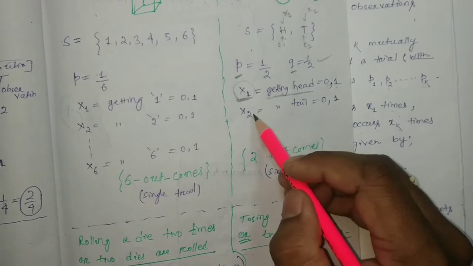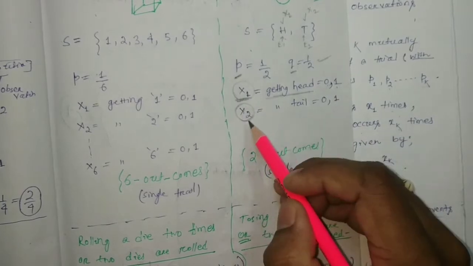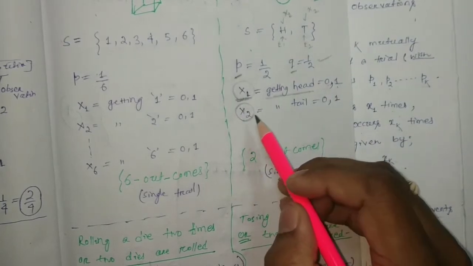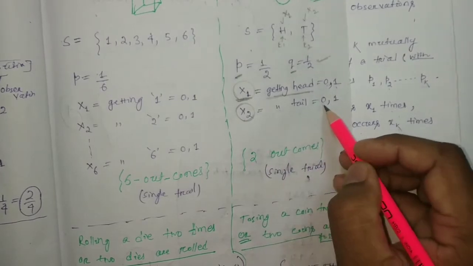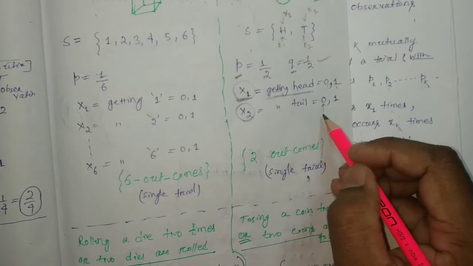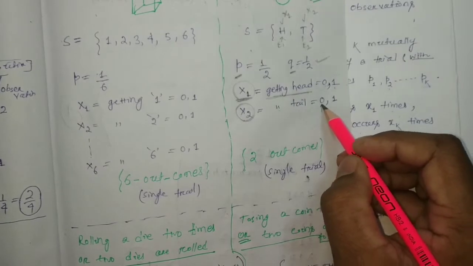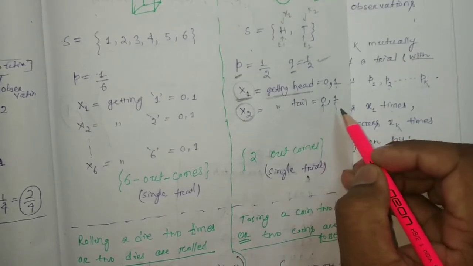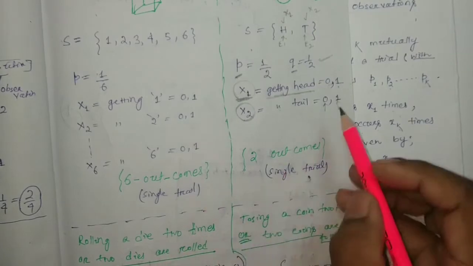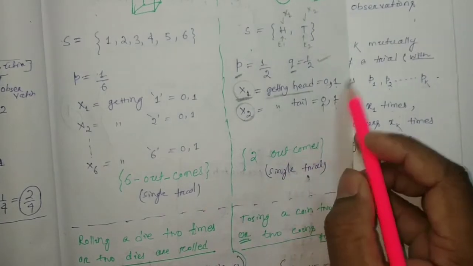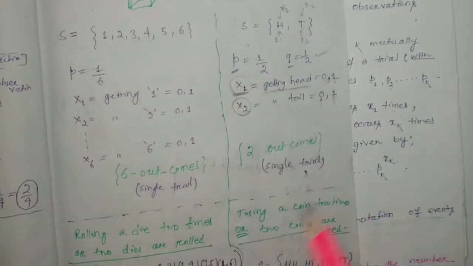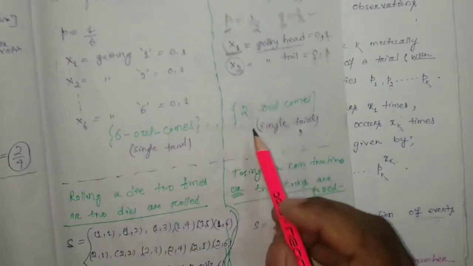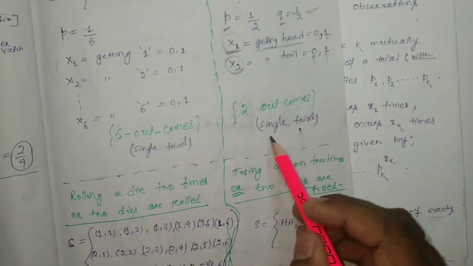Likewise, if this represents the random variable for getting tail, the value will be 0, which represents not getting tail, and 1 means getting 1 tail. Getting 1 head, getting 0 head. So here what I told is that there are two outcomes in a single trial.